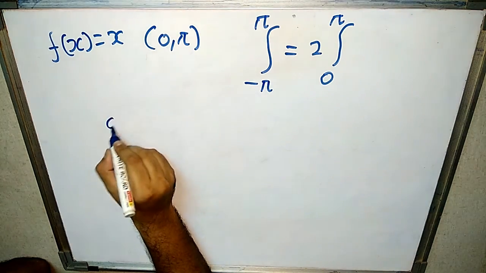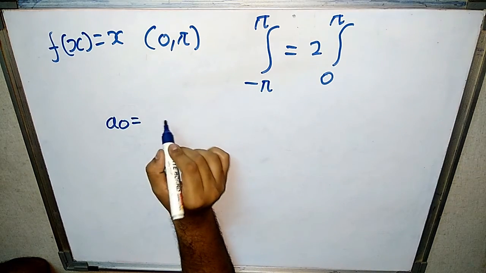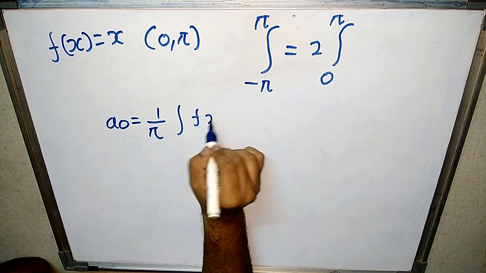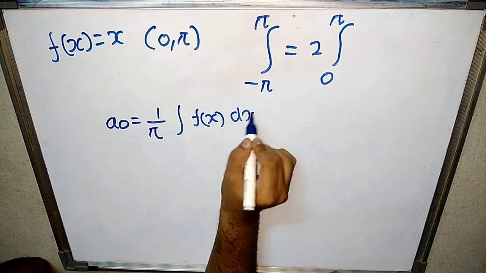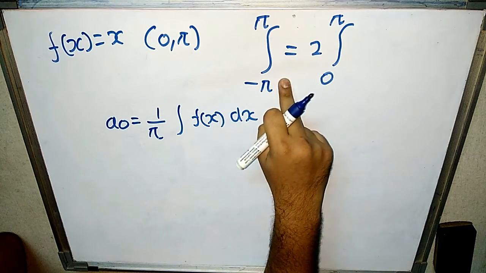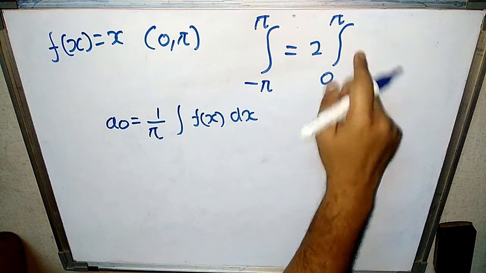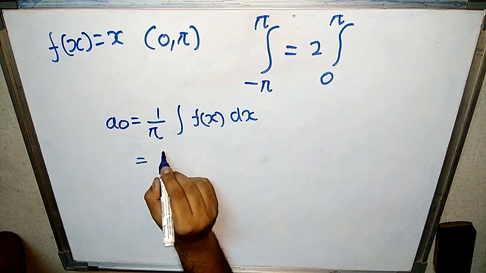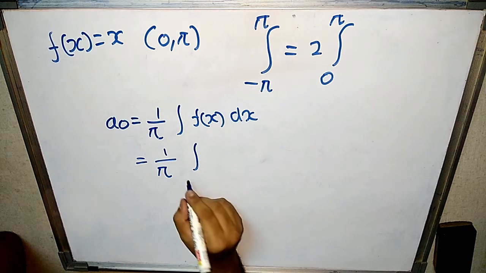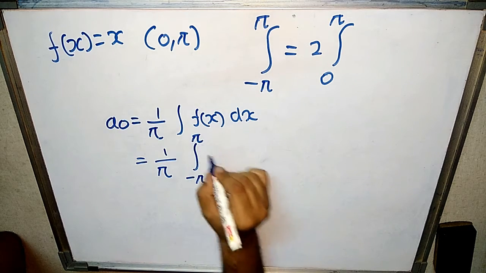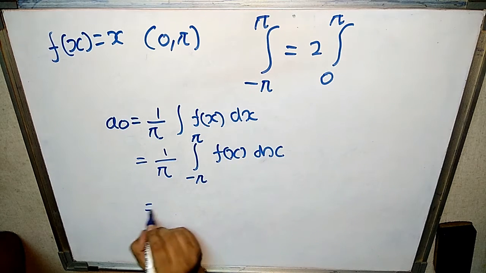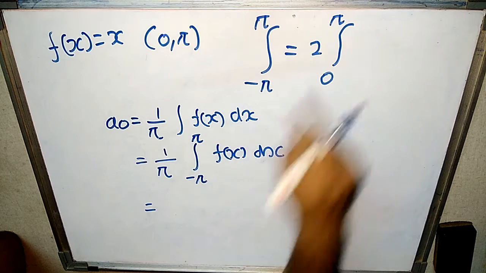Now finding a0, we know that a0 is 1 by pi integration f of x dx. So now after finding the full limits, we know that it is 2 times the half limits. So while writing, we will first write the full limits, and after that, we will write the half limits.